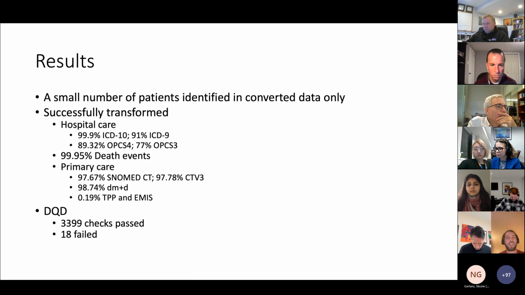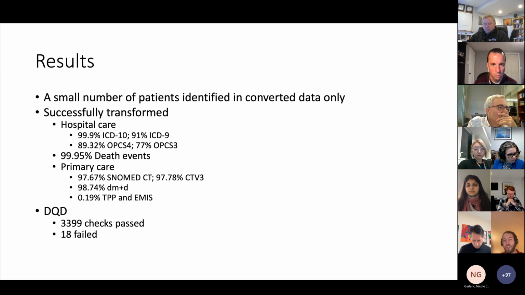Unfortunately, it's for a bigger discussion, but we observed this issue with a previous study as well. But in the end, it didn't affect the results massively. We transformed almost all hospital care and primary care data, also the death events. Apart from those kinds of data which were using really proprietary coding systems, from those we selected only such values which were COVID-19 related.